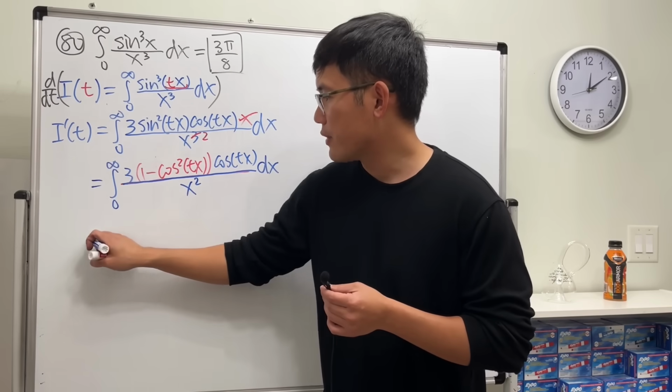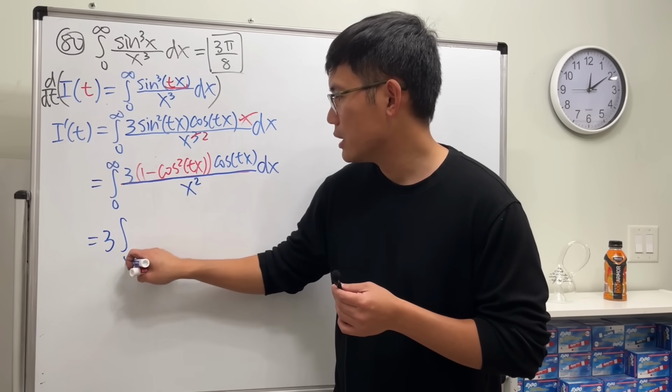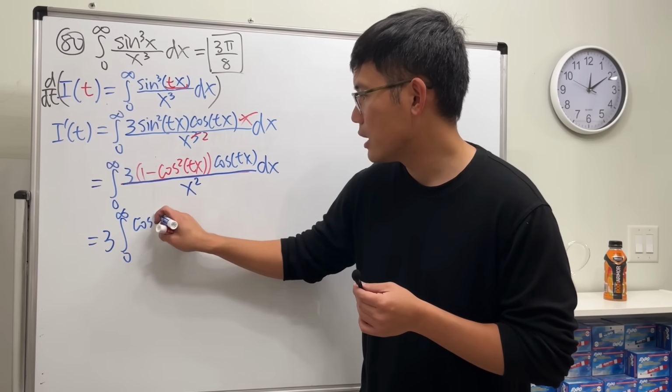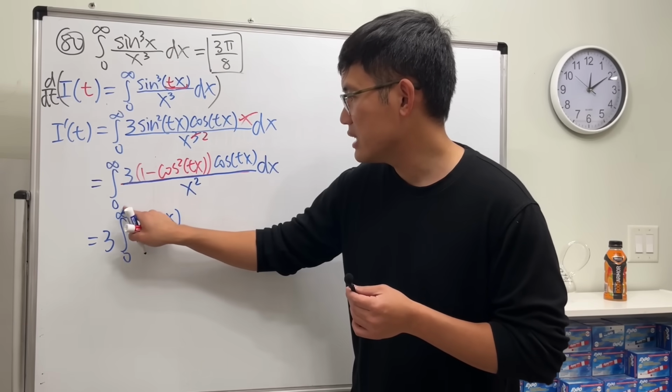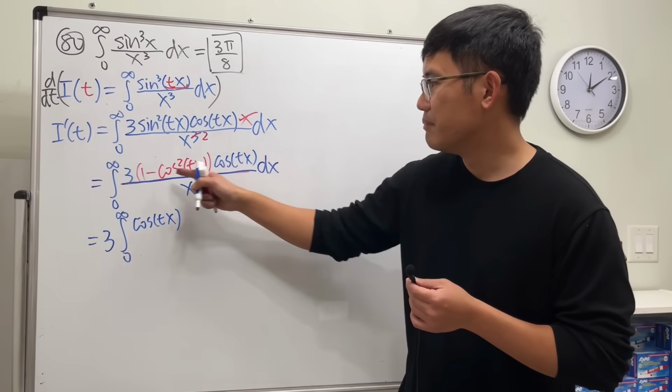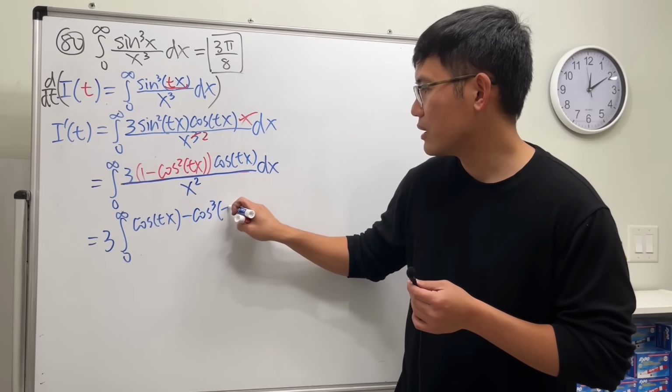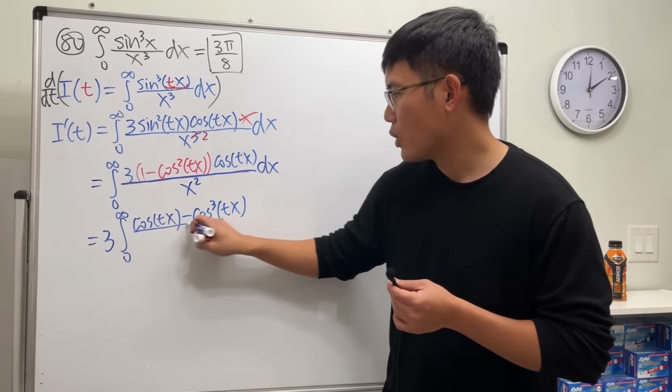The 3 all the way at the front, no problem. 0 to infinity, cosine tx, that's good, and then minus cosine to the third power tx.